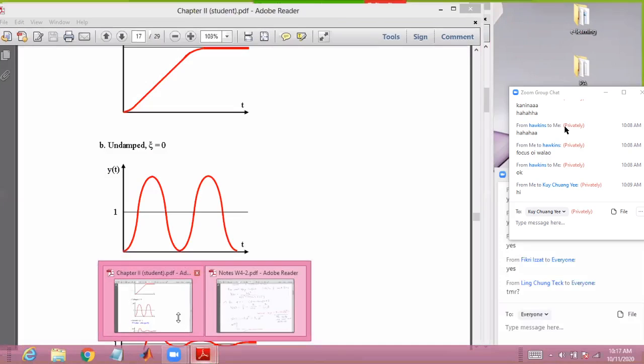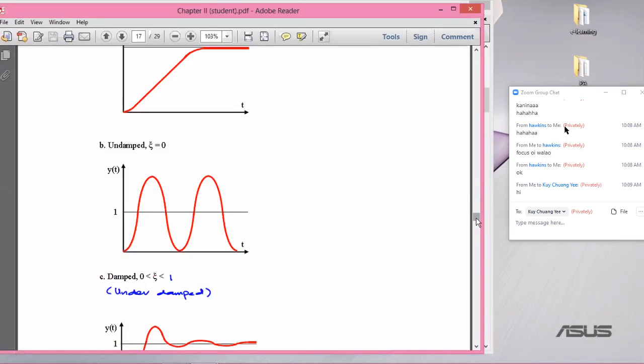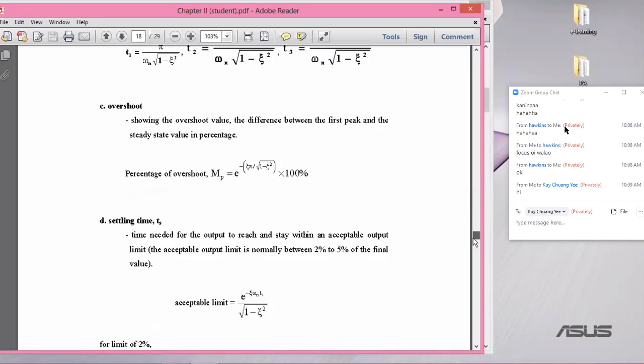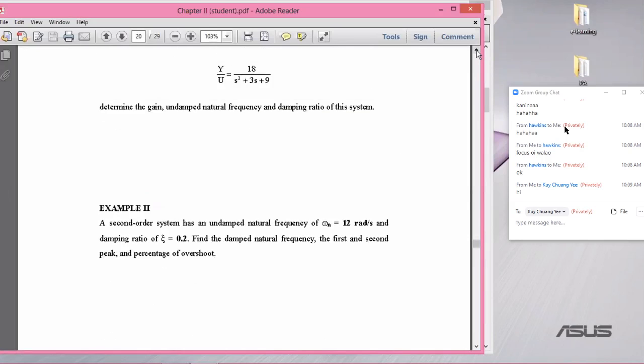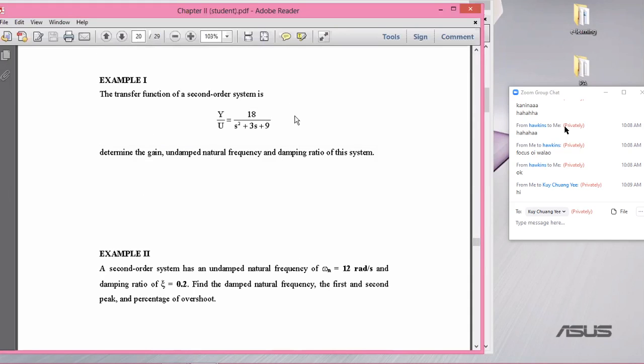All right, so let's take a look at some examples. Example 1. You're given this transfer function. The transfer function of a second order system is given as 18 divided by s squared plus 3s plus 9.